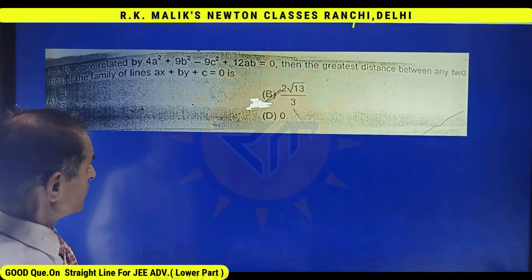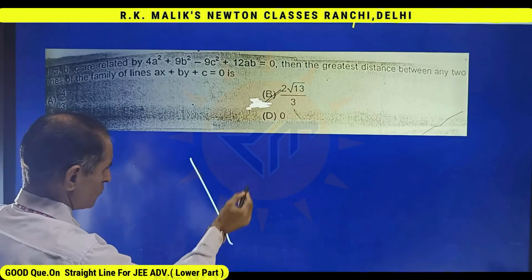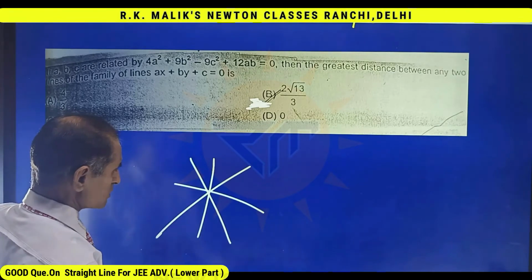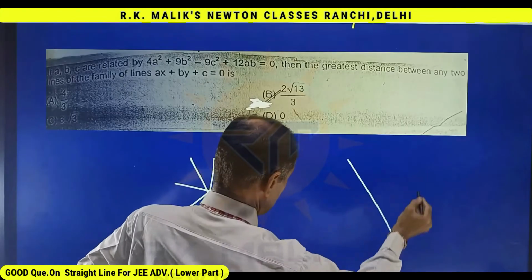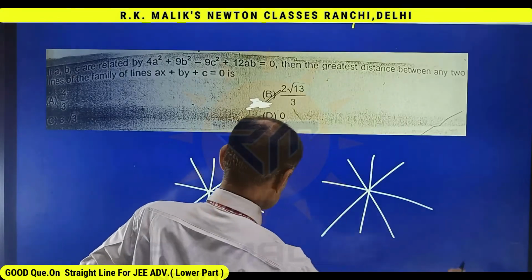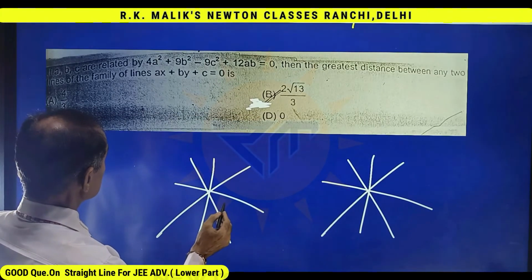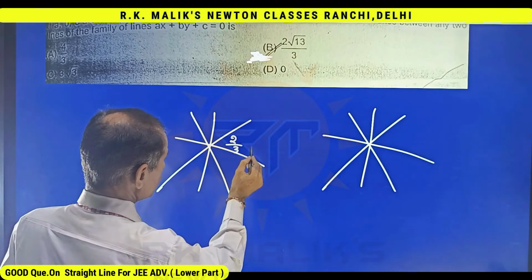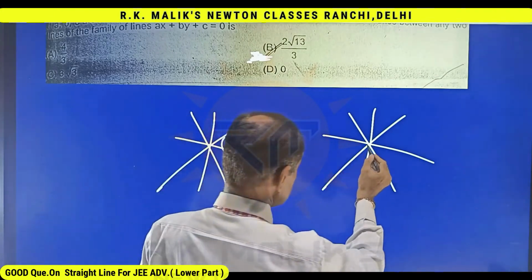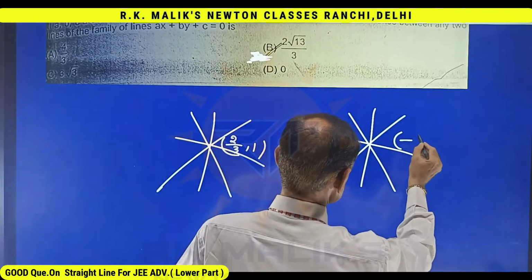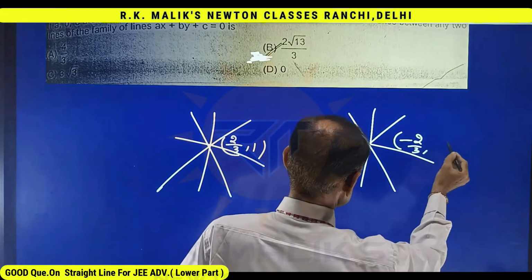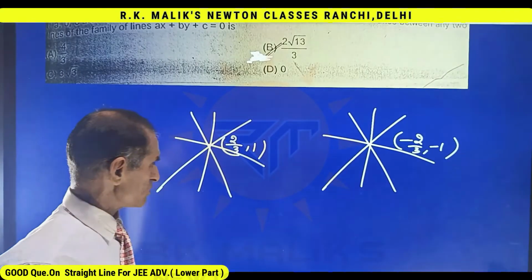Hence, I can say that one family of concurrent lines is of this type, the second family is of this type, and the point of concurrency here is (2/3, 1), and the second family has the point of concurrency as (minus 2/3, minus 1).